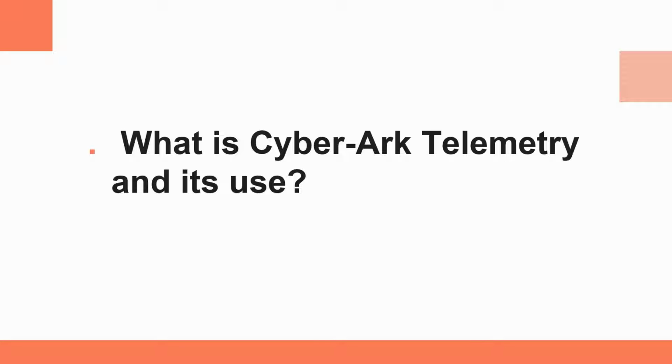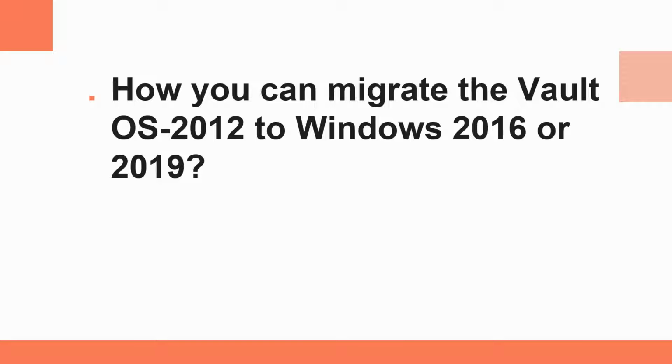Okay, moving to next. How can you migrate the Vault operating system from 2012 to Windows 2016 or 2019? Let's say you have installed the Vault machine on a 2012 server, but Microsoft is going to remove 2012, so every company is migrating to 2016 or 2019. 2019 is the latest Windows server.